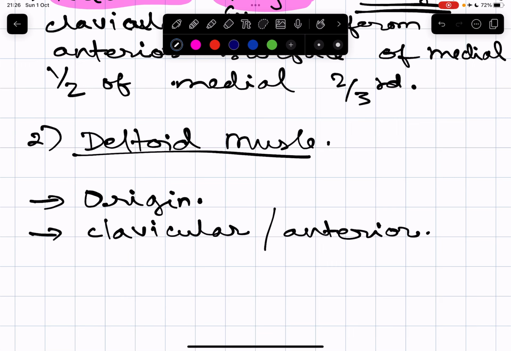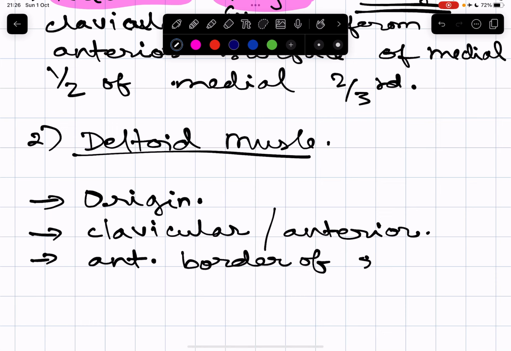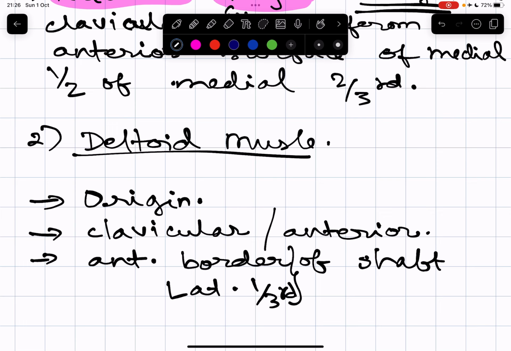Taking origin from which part of the shaft? From the anterior border of the shaft. Which part of the shaft? Lateral one-third of the shaft, right? So the anterior border, lateral one-third of the shaft gives origin to the clavicular or anterior fibers of the deltoid muscle.